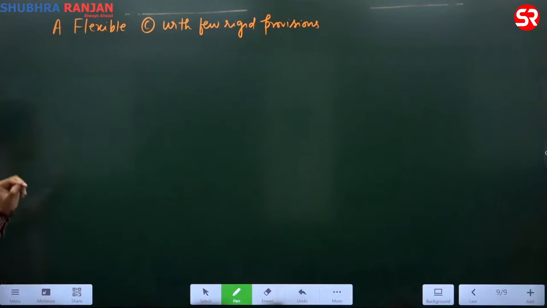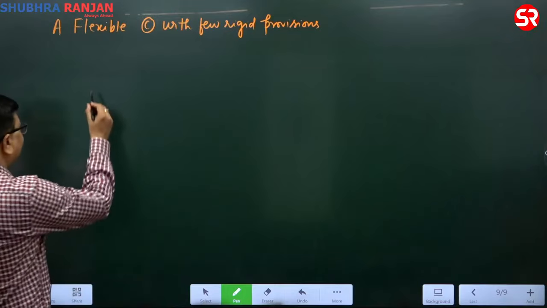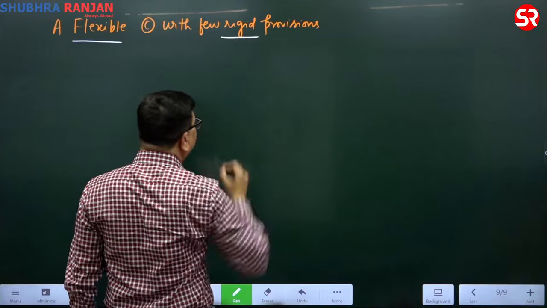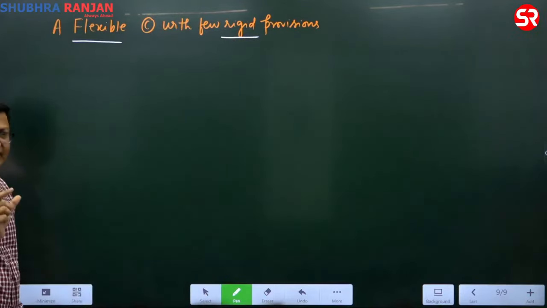Now, here also, first of all, coming to the basic things. It is a flexible constitution with few rigid provisions. Two words we have written, flexible and rigid. What is the basis of this differentiation?